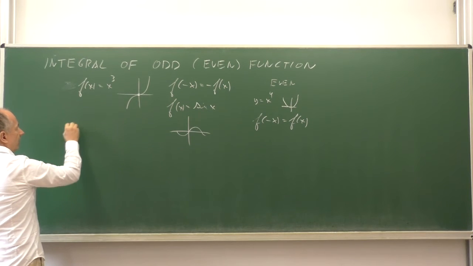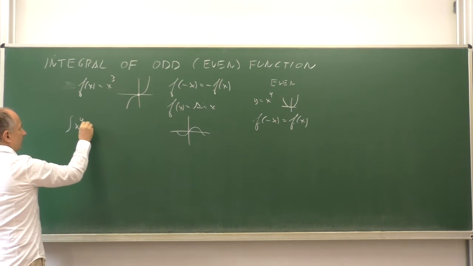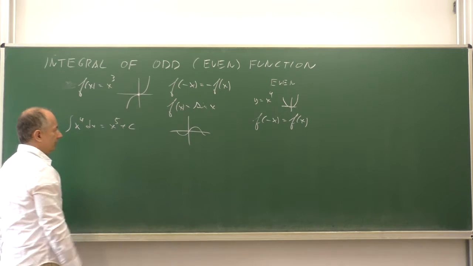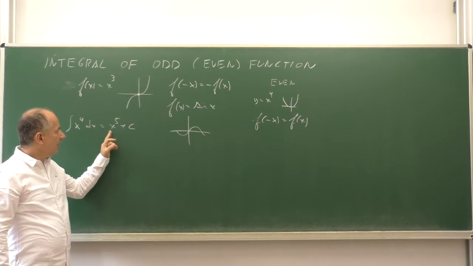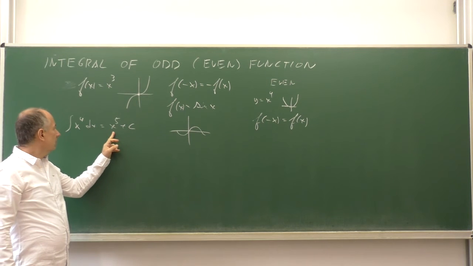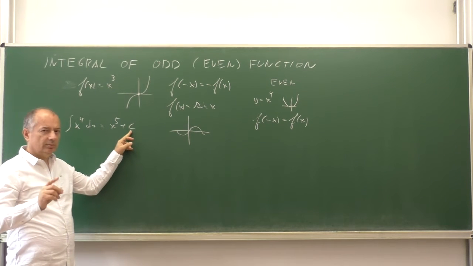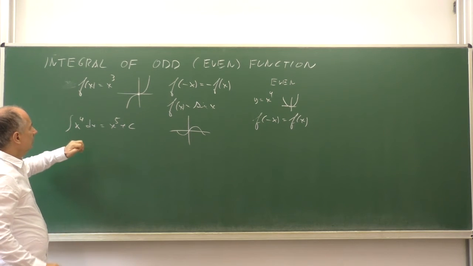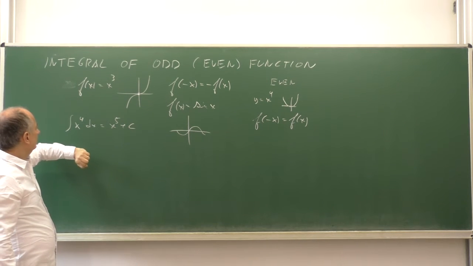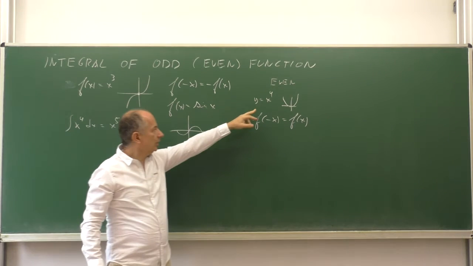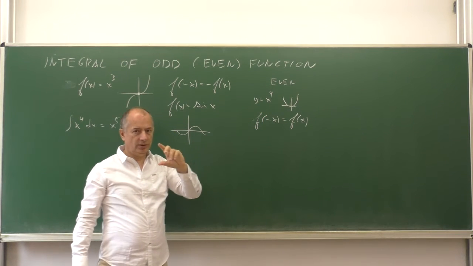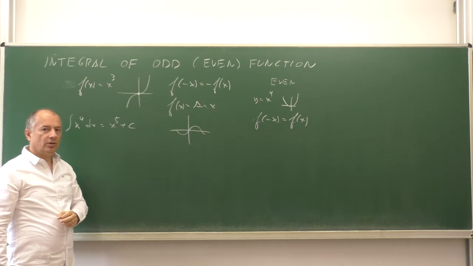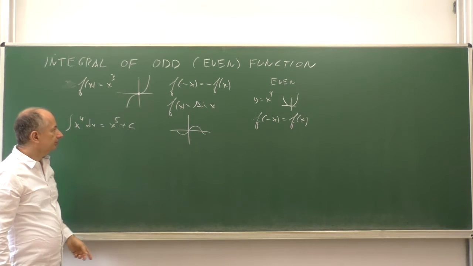If we integrate x to 4, we have x to 5 plus c. This will be an odd function provided c is 0. So in general, we cannot conclude that the integral of an even function is odd, only under the appropriate choice of the constant c.